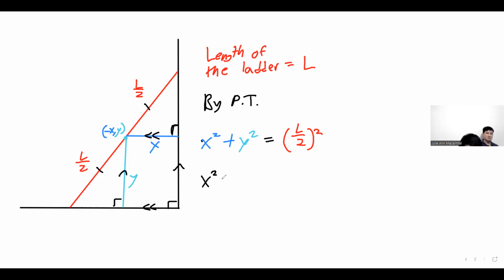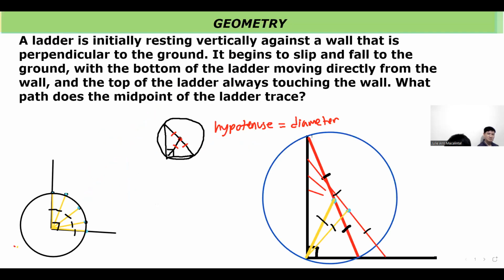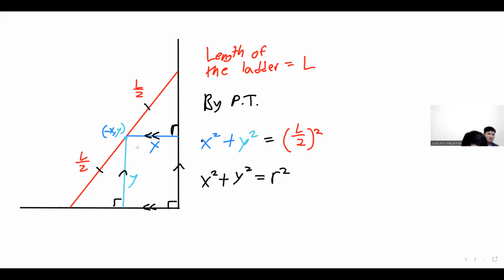If this doesn't remind you of something, the equation of a circle is x squared plus y squared equals r squared. So in this case, L over 2 is the radius. Going back to earlier, the yellow segment will be the segment from that point to the midpoint, the intersection to the midpoint.